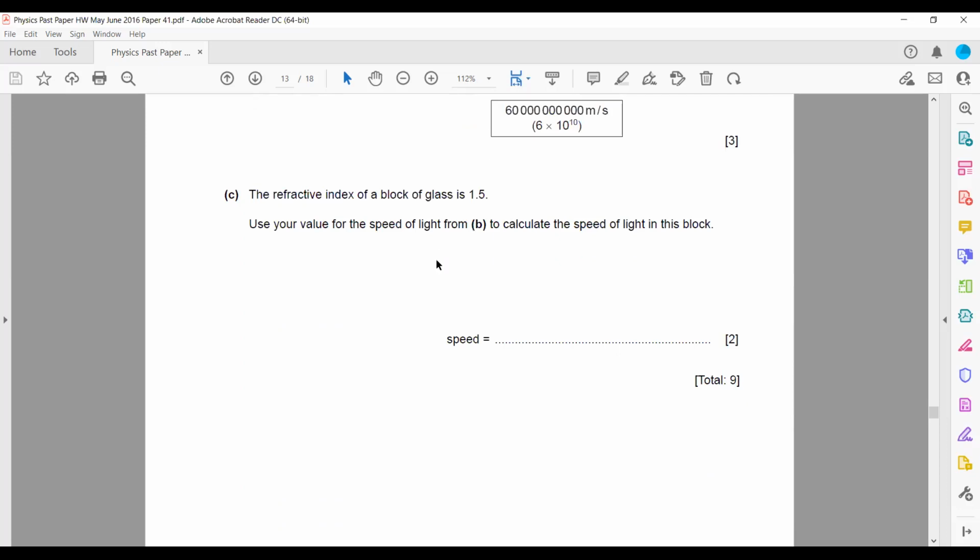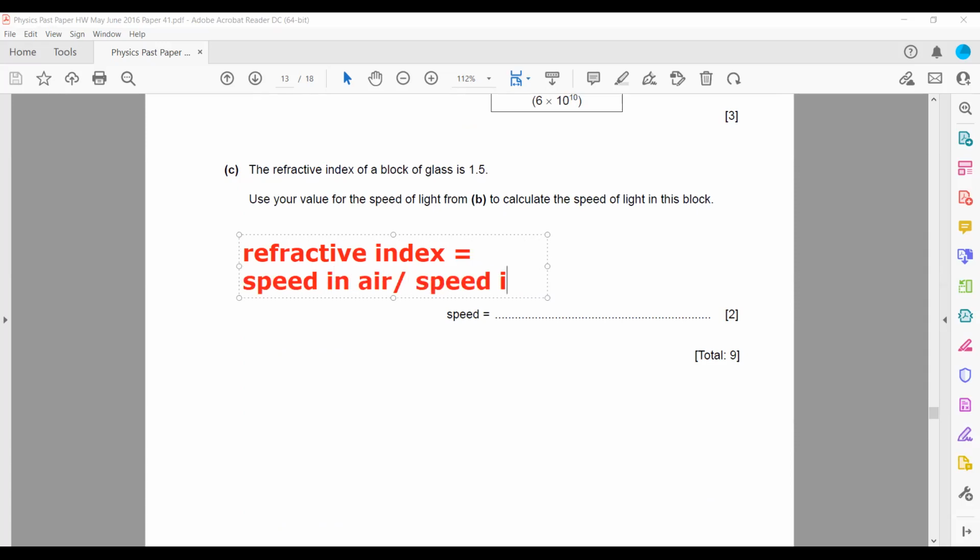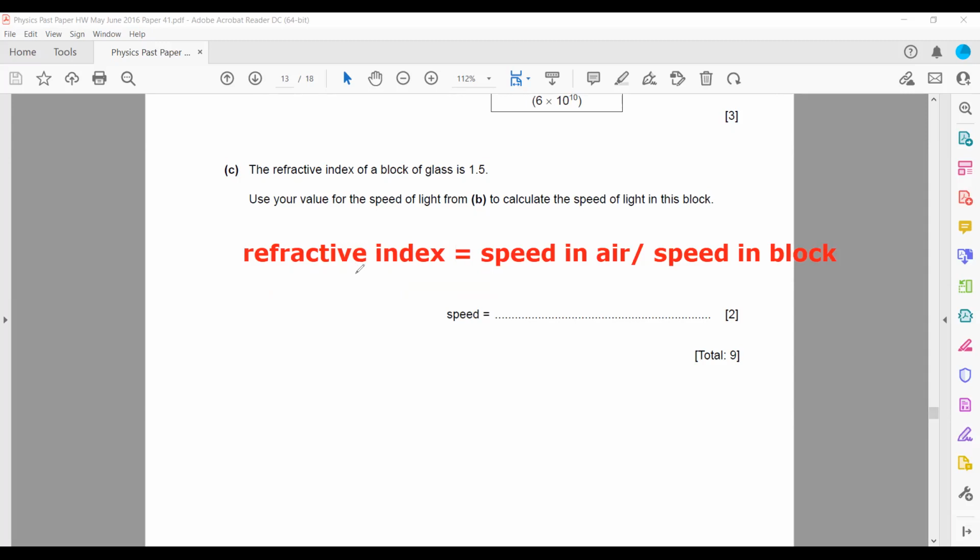Then the refractive index of a block is 1.5. Calculate the speed of light in the block. The formula which relates the refractive index and the speed is that the refractive index is equal to speed in air or vacuum divided by speed in the medium. Here the medium is a block, so speed in the block. The speed of light in air is fixed at 3 into 10 power 8.